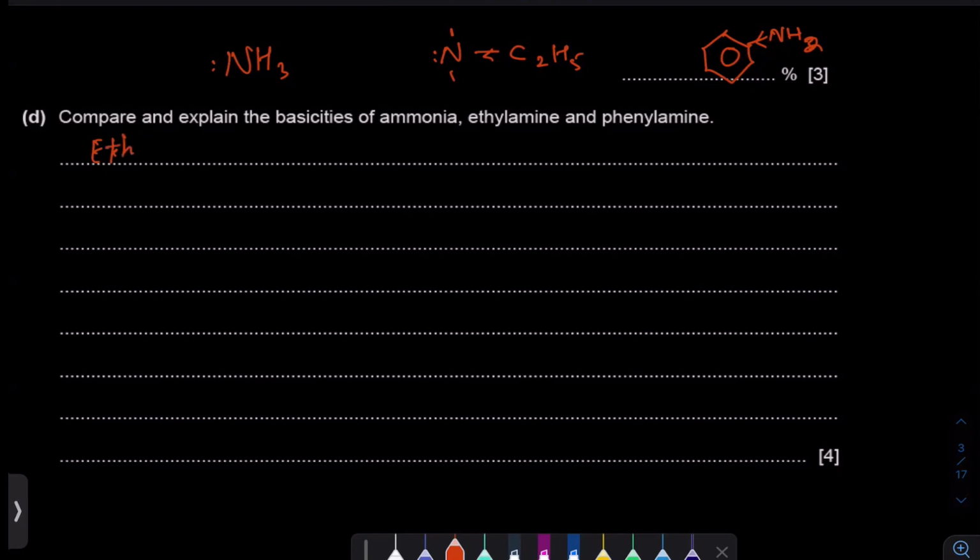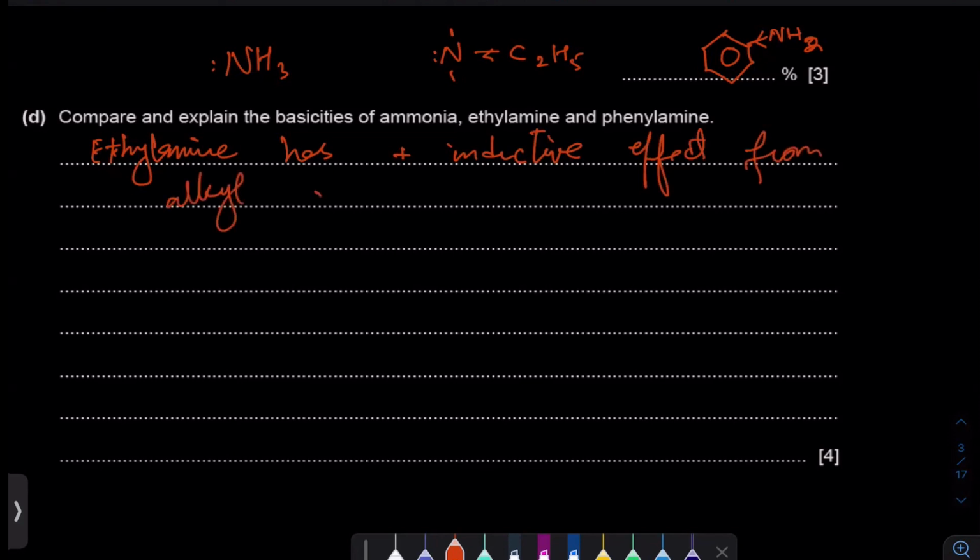So ethylamine has positive inductive effect from alkyl group, making it most basic.